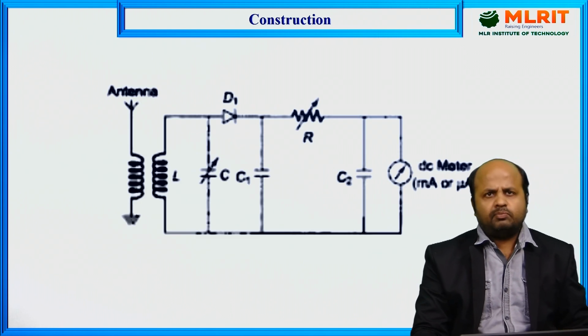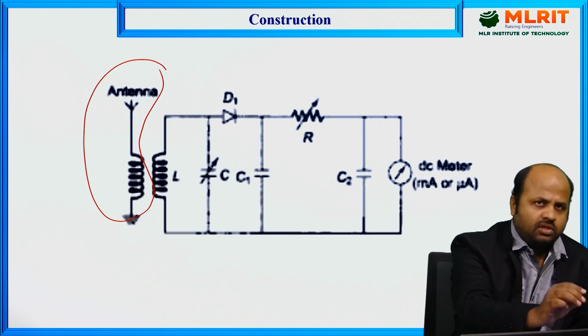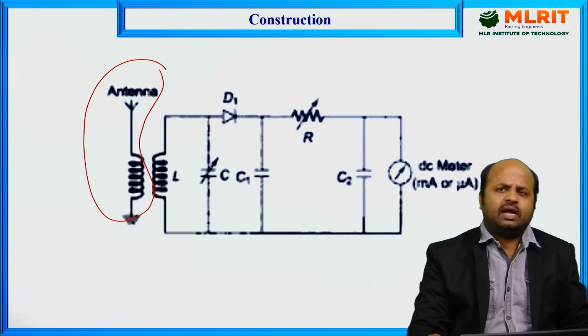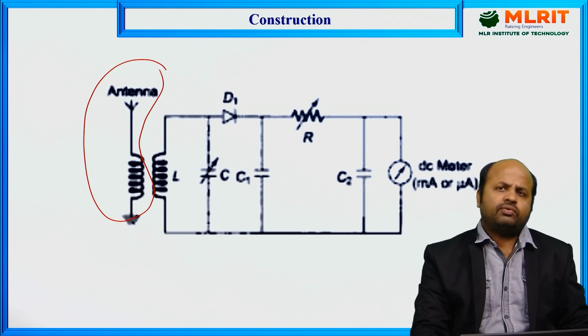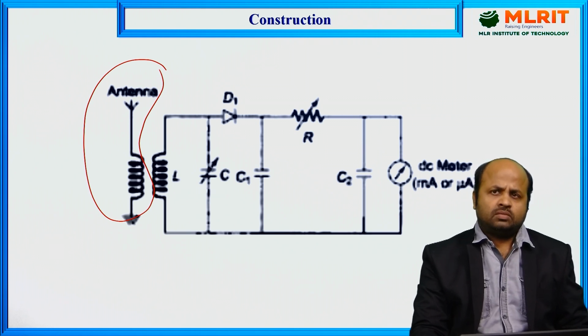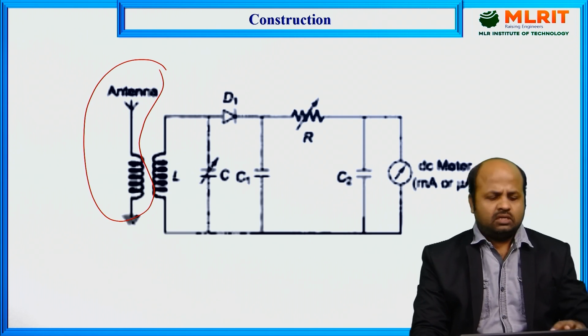Here from the block diagram we will try to understand. We have already discussed that a field strength meter has an antenna attached to it. The work of the antenna here is that it will try to capture the electromagnetic waves around it.